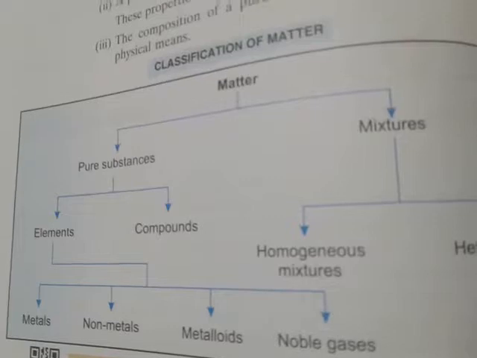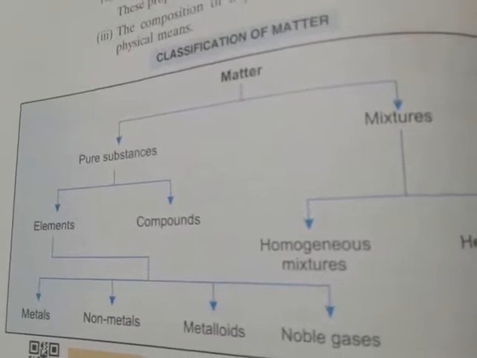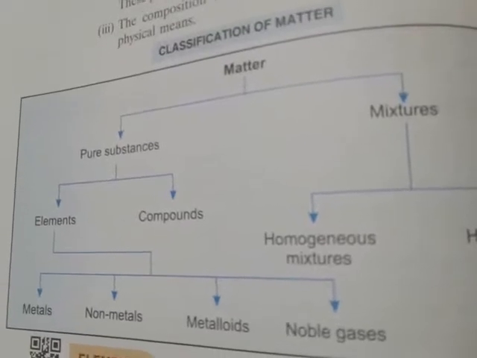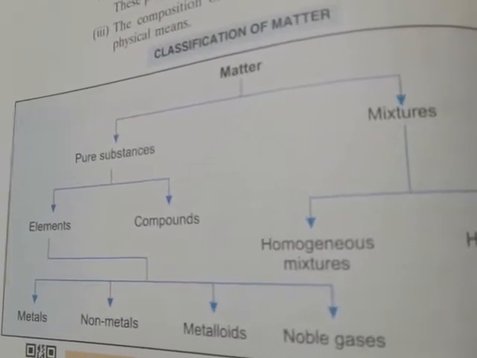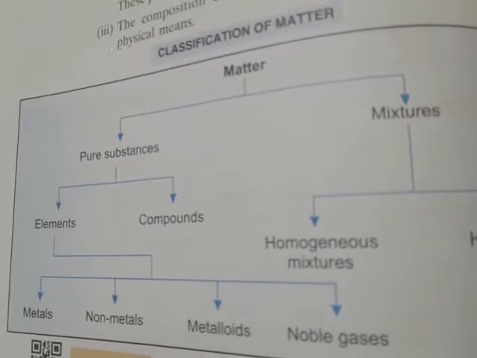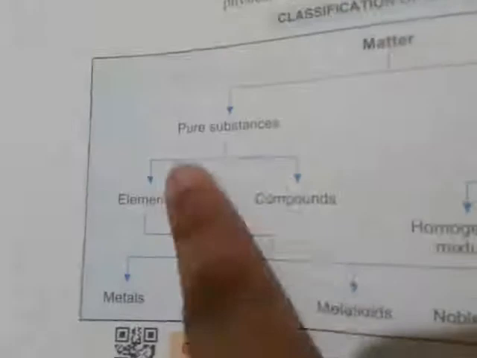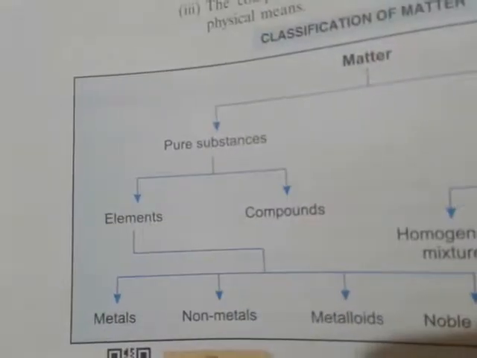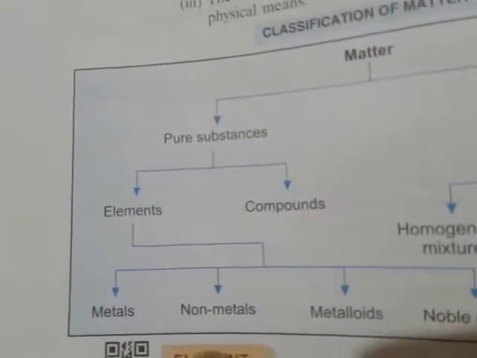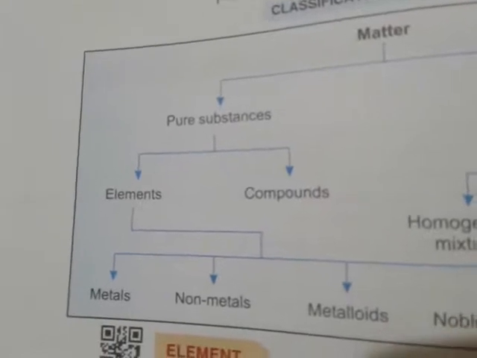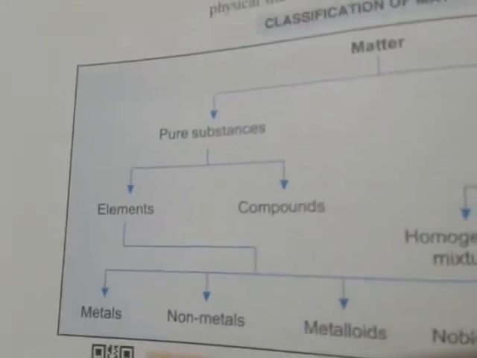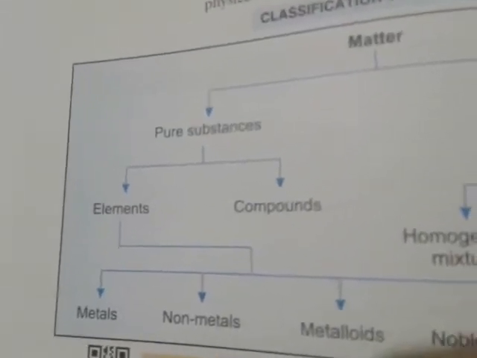So basically all the elements and compounds are included in pure substance. You can see this chart. So pure substance is broadly classified into two categories, element and compound, which are part of pure substance.